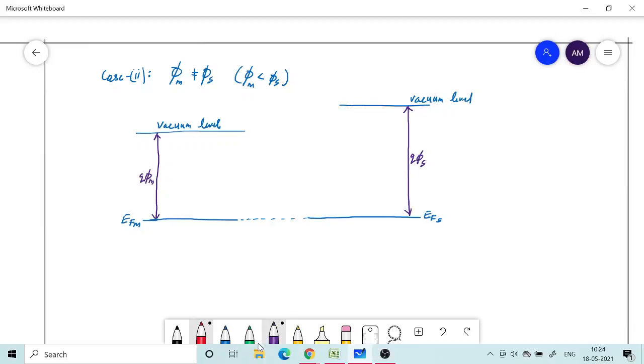So this is the condition I told you: phi s is going to be greater than phi m, and the next thing I told you is that the Fermi level has to be continuous. So if the Fermi level is continuous and phi s is greater than phi m, then the only thing that can happen is that the vacuum level has to be at a higher energy on the semiconductor side.